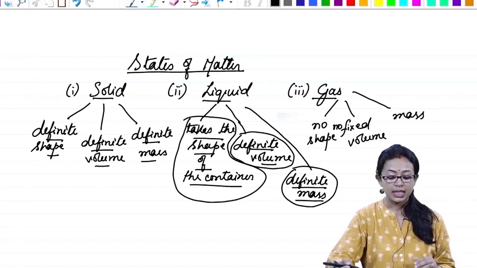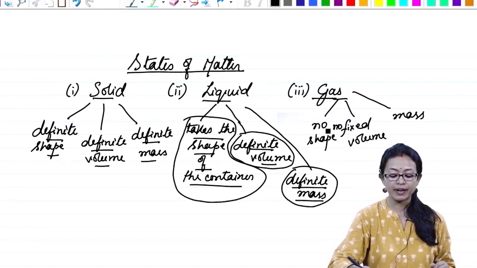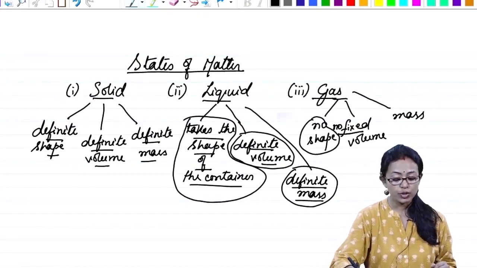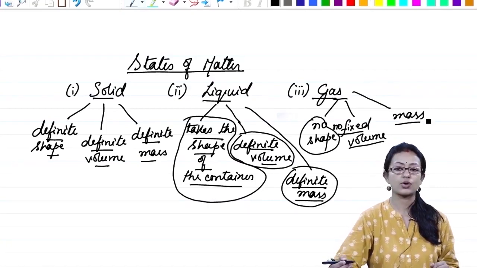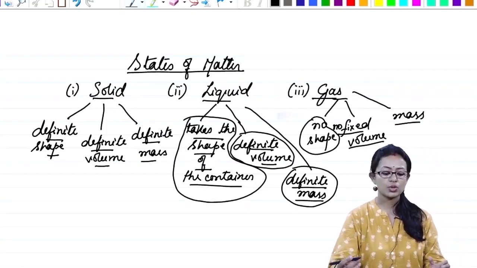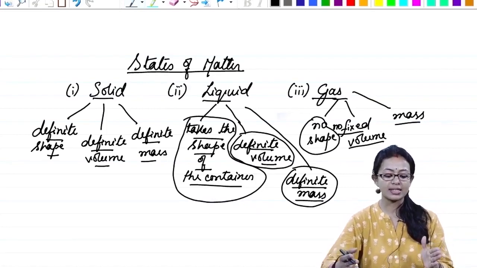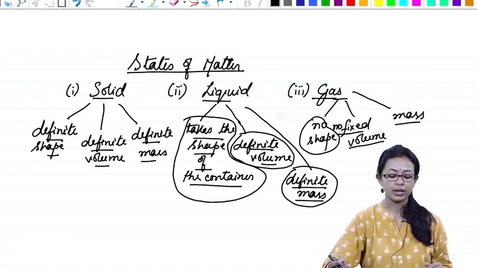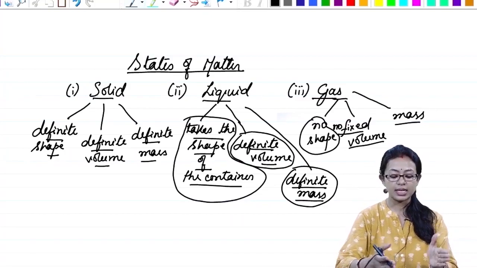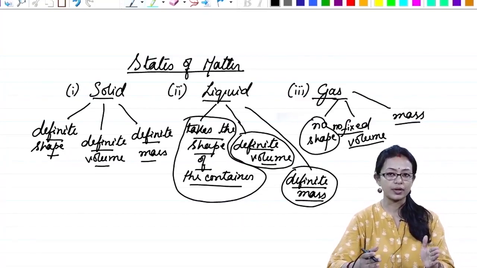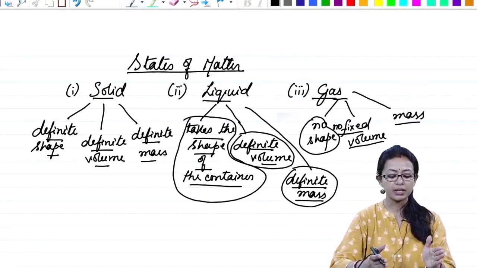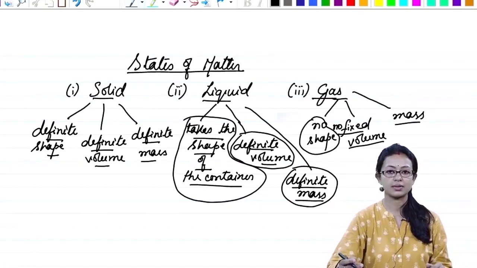But gas as a state of matter, we find it takes the shape of the container. It does not even have a fixed volume. Whereas, yes, it has fixed mass. So these are the basic characteristics of gas that we know so far, the different states of matter, solid, liquid and gases. This has been your knowledge so far about solid, liquid and gases. Now let's learn further about it.